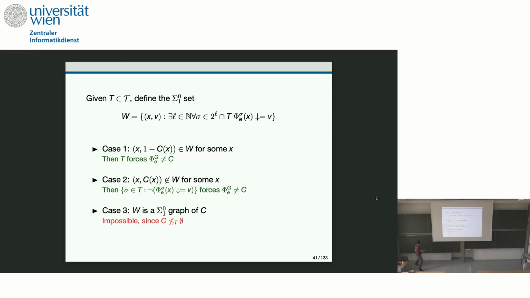So I assume that if phi_e of sigma on x halts, it is with less than length of sigma steps. So this predicate is decidable because sigma is a partial oracle. Oh, so sorry, what is this notation?